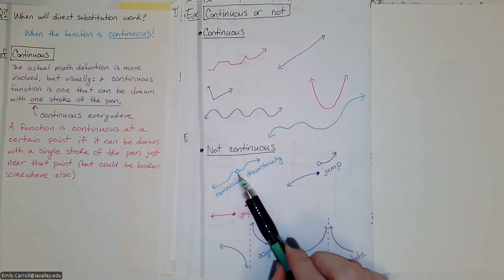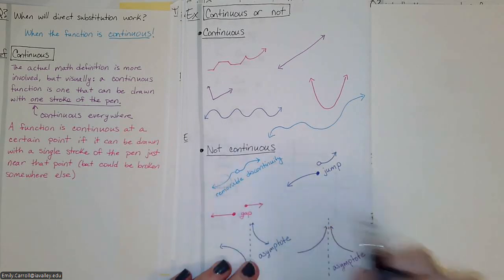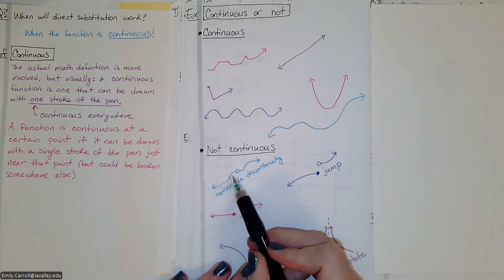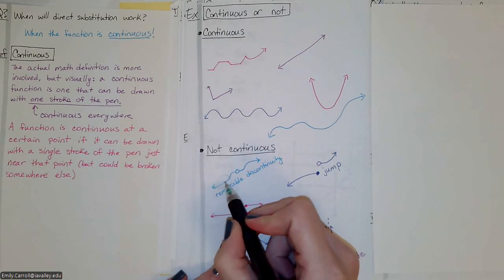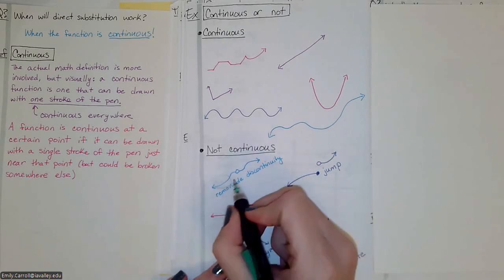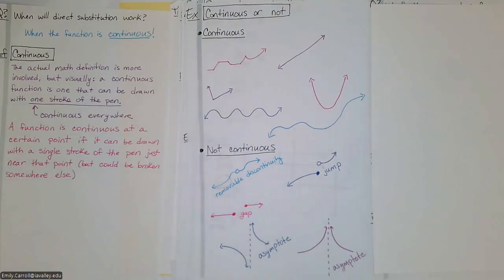It's discontinuous here, but over here, in this little area, it's continuous. So I could direct substitute with my limits over here, even though I couldn't at this point. It is not continuous at this point, but it is continuous everywhere but that point.